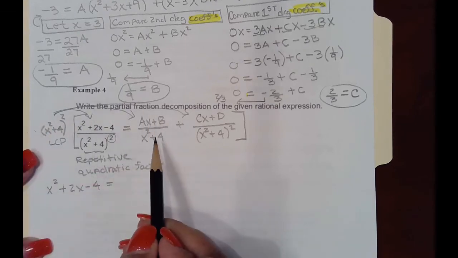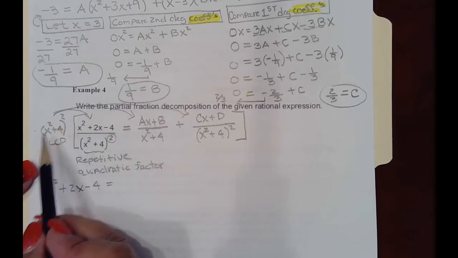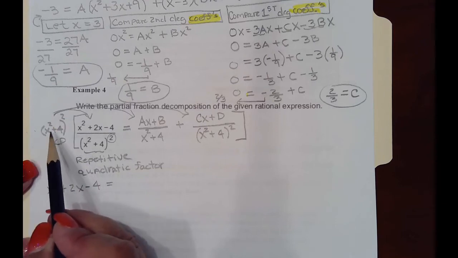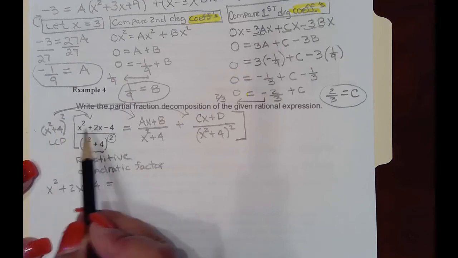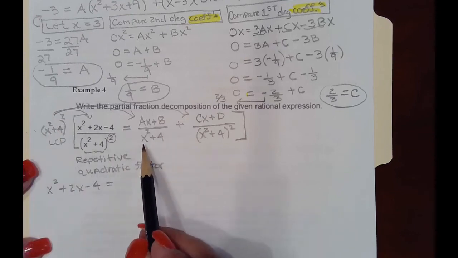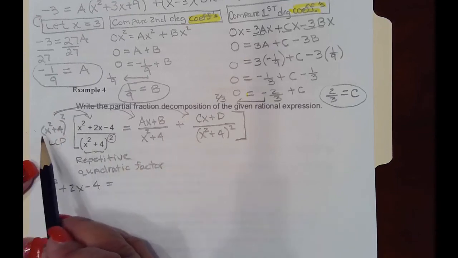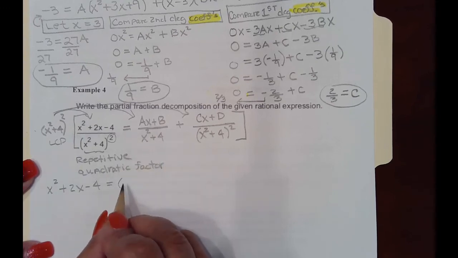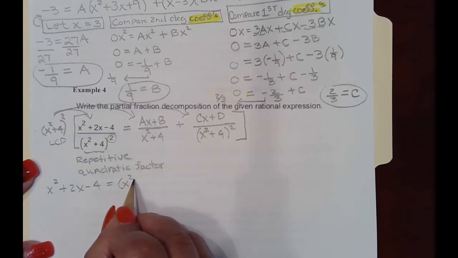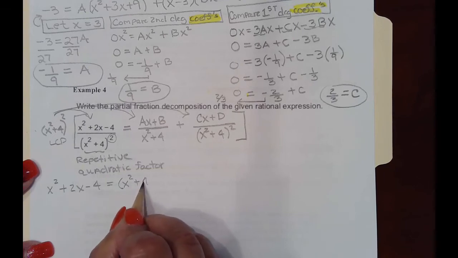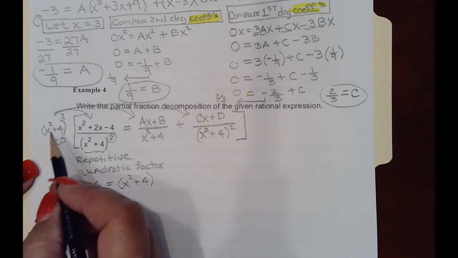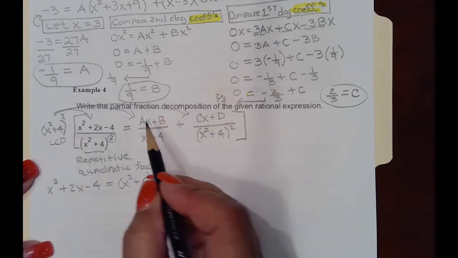When you multiply it by the second fraction, one of the x squared plus 4, because look, it repeats. It's x squared plus 4 and then x squared plus 4 again. So one of them cancels with this, having one of these left over times ax plus b. We'll keep it in parentheses since there's 2 terms in that expression.